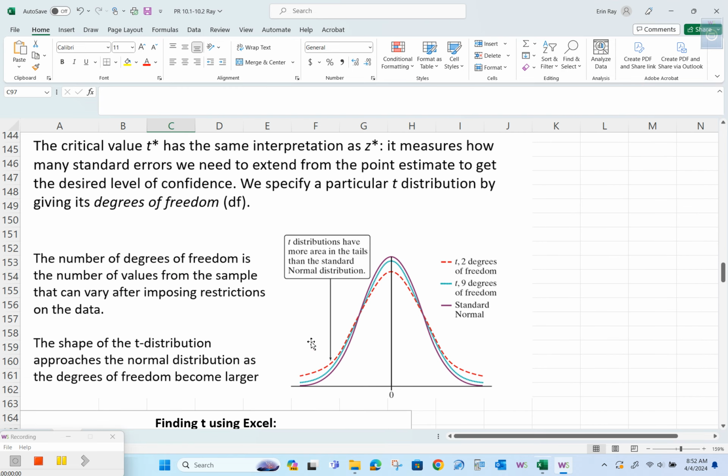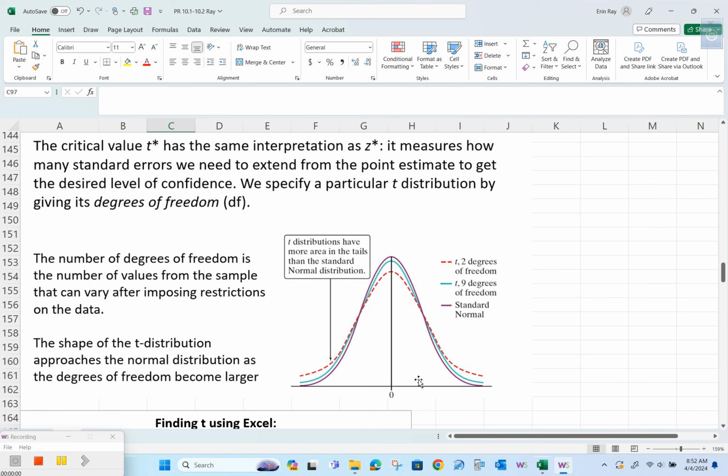It looks similar to a normal, but the difference between a normal distribution and a t-distribution is really going on in the tails. Okay, so the tails are thicker or higher than when we see the normal bell curve. Remember, we said almost all of the area under the curve is within 3 standard deviations of the mean for a normal curve.